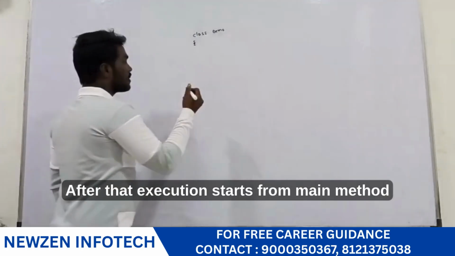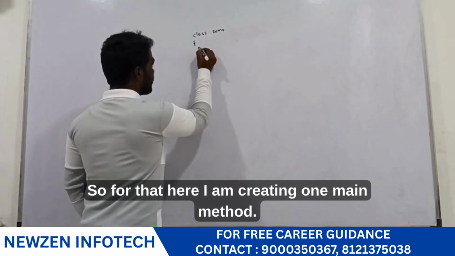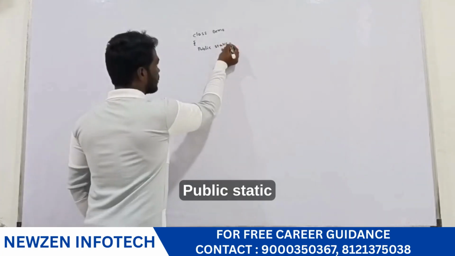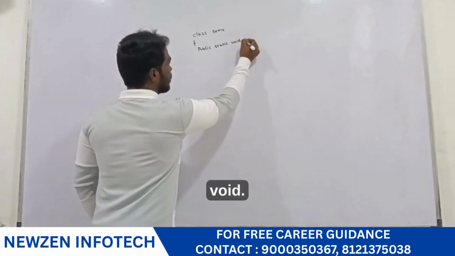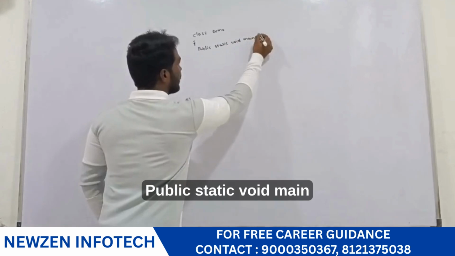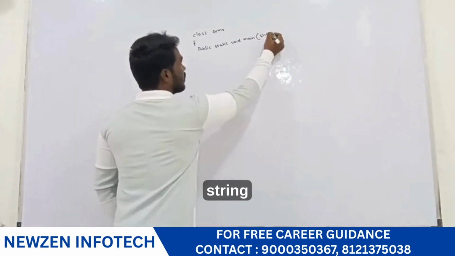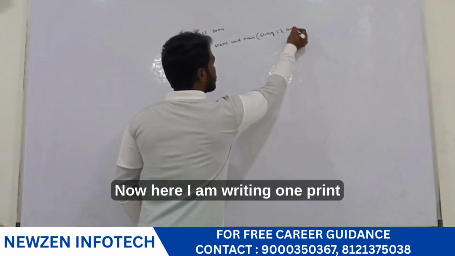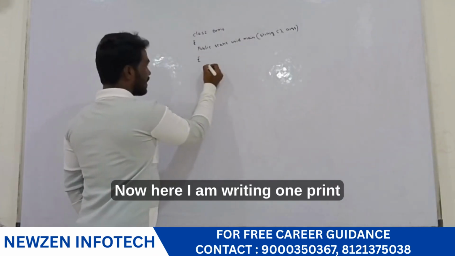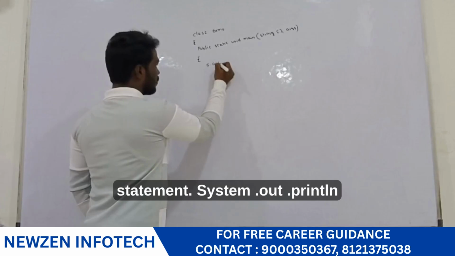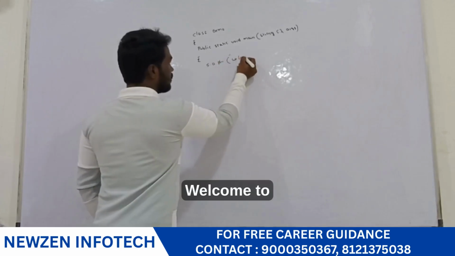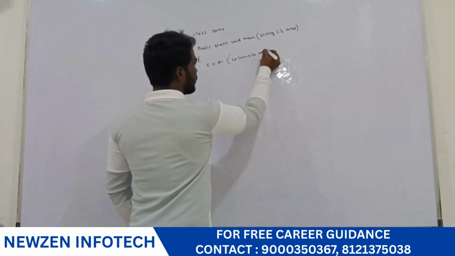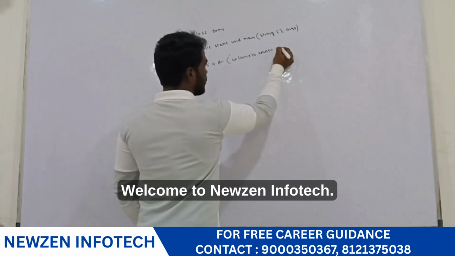Execution starts from the main method, so here I'm creating one main method: public static void main, String array of args. Now here I am writing one print statement, System.out.println, welcome to New Zen Infotech.